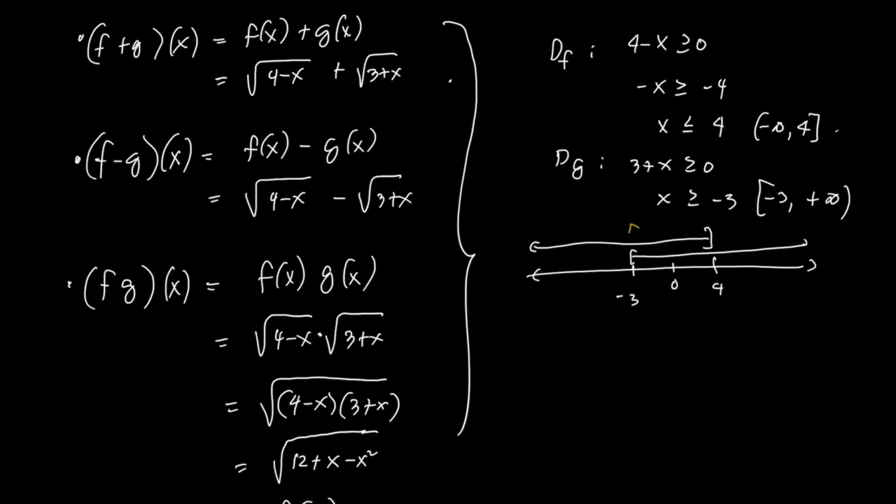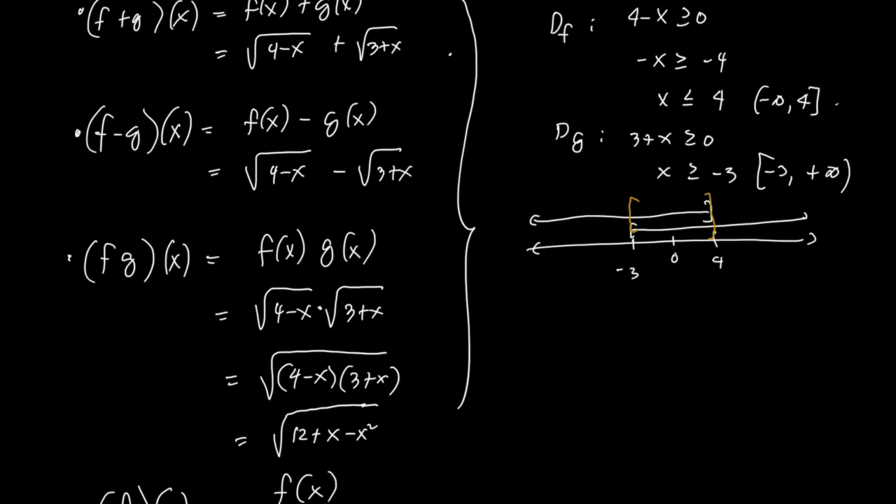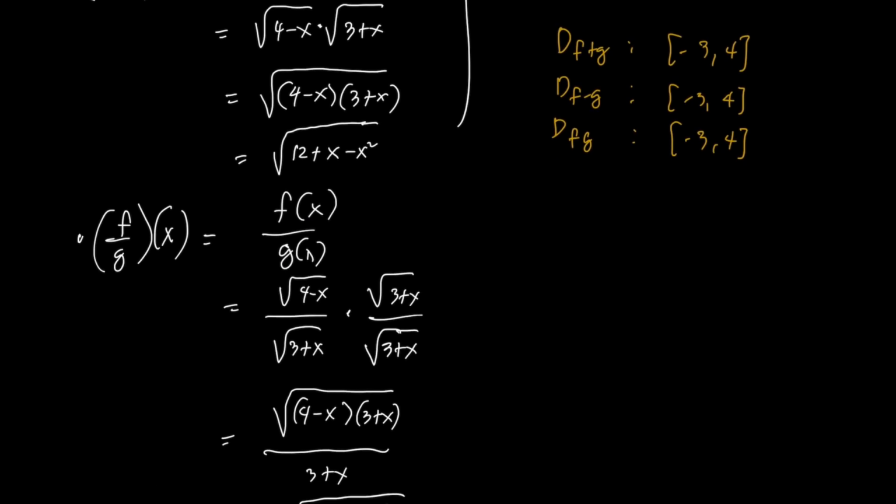Then the intersection is from here to here, and that is the domain of f plus g. The domains of f minus g and f times g are also the intersection of these, which is negative 3 to 4, negative 3 to 4, and negative 3 to 4.